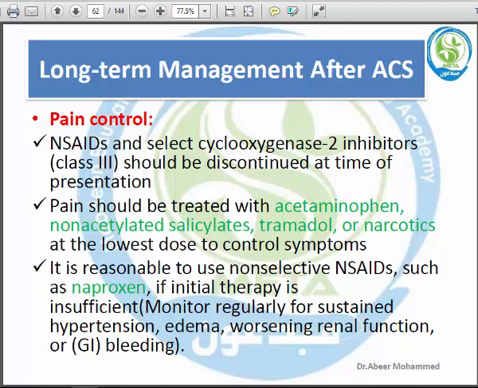We can also use tramadol or narcotics at the lowest dose for controlled symptoms or to relieve the pain. If we have to use non-steroidal anti-inflammatory drugs, naproxen should be used.